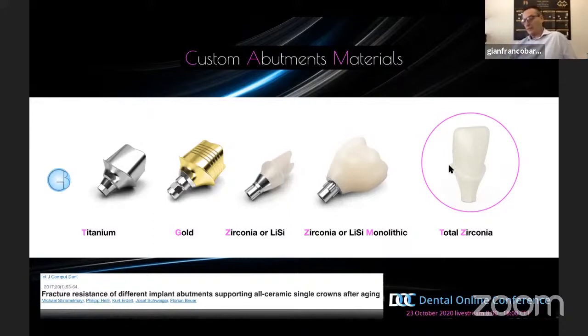The total zirconia has been discussed because of some problems we can have in the connection between the titanium implant and the zirconia abutment. There are few studies that demonstrate that the connection between zirconia abutment and implant is less resistant than titanium.